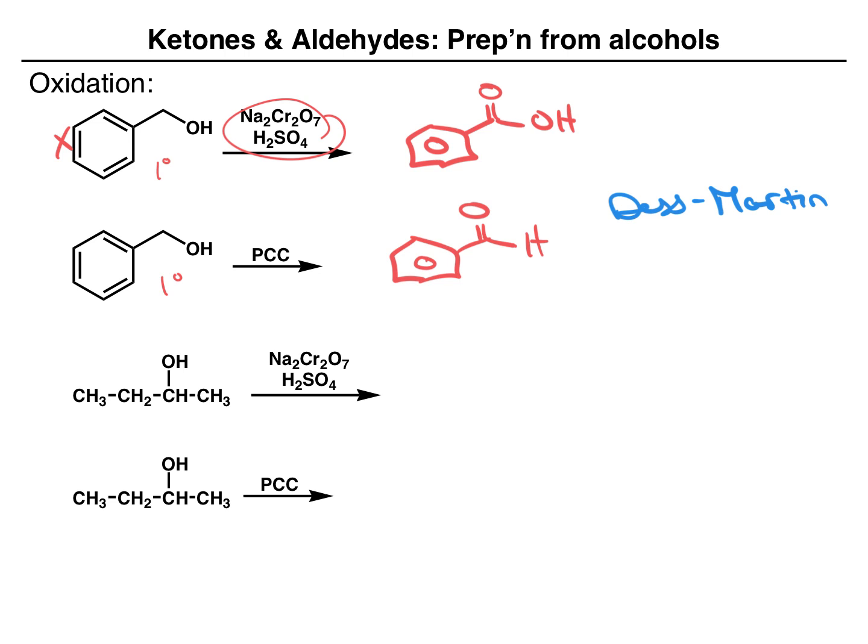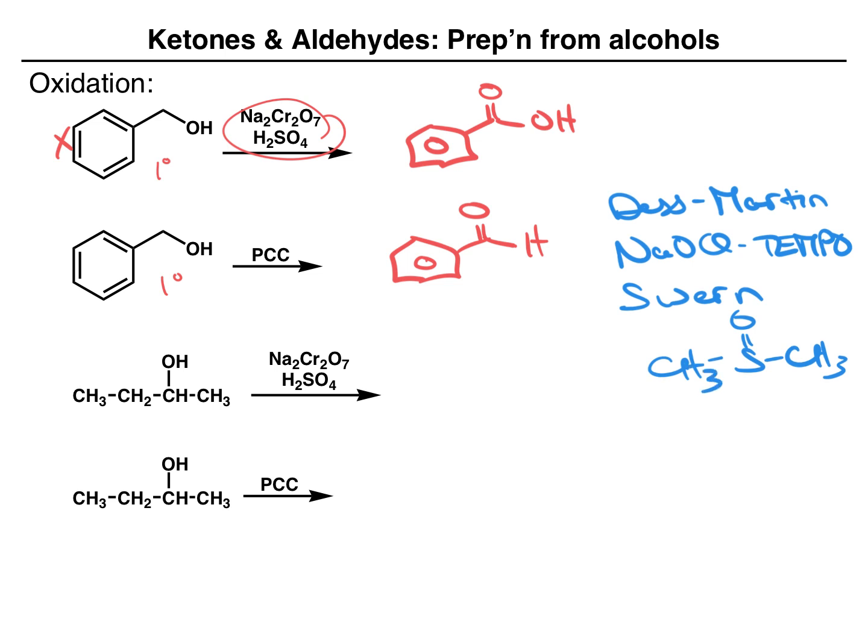We can use bleach with TEMPO, which is a catalyst. We can use the Swern oxidation, which uses DMSO, dimethyl sulfoxide, as the oxidizing agent. So these are just a number of reagents that can be used to convert a primary alcohol to an aldehyde.